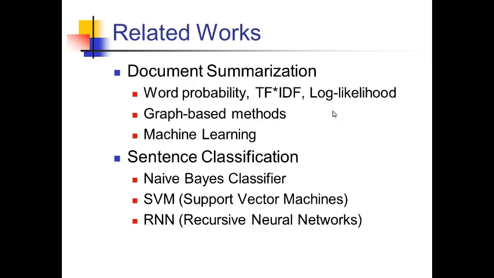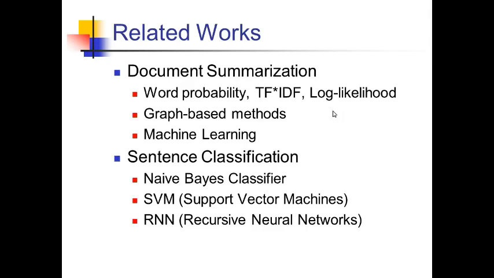For example, the most common one is based on word probability, which counts the number of occurrences of the words to determine the importance of the word and the importance of the sentences containing these words. An extension of word probability is the TF times IDF algorithm, which will be discussed in my project, and I will elaborate on this concept later.